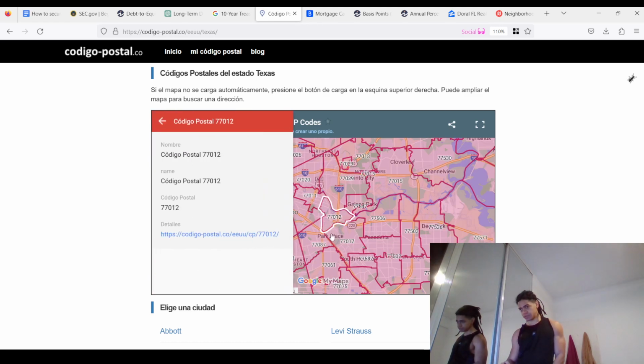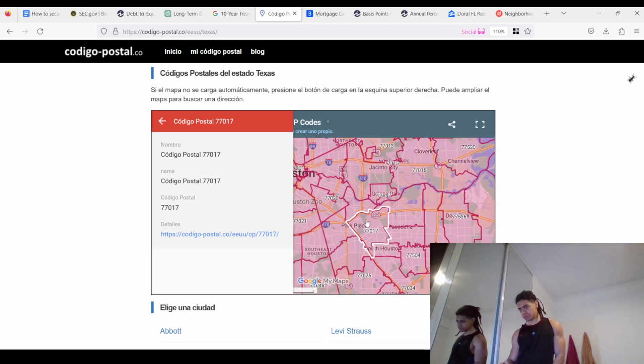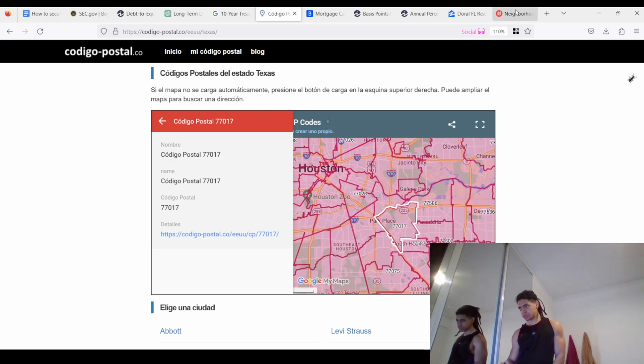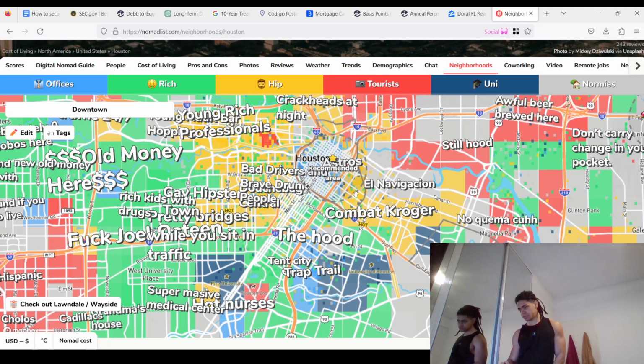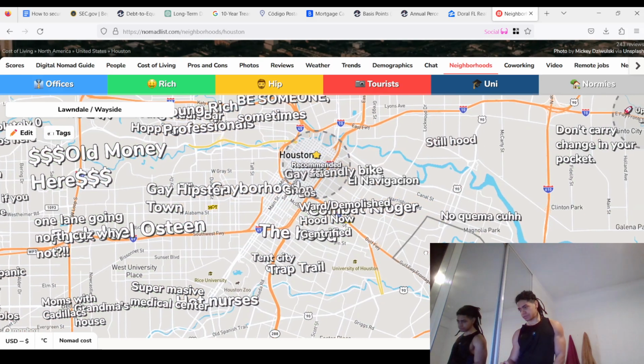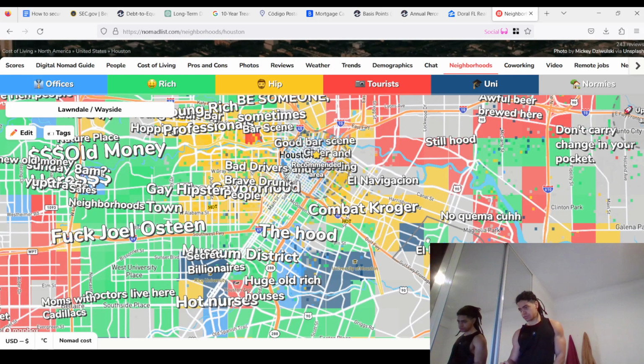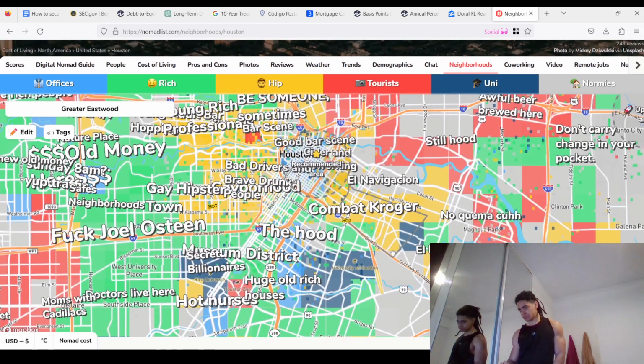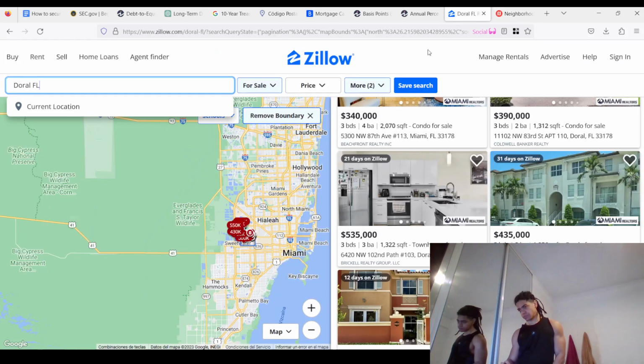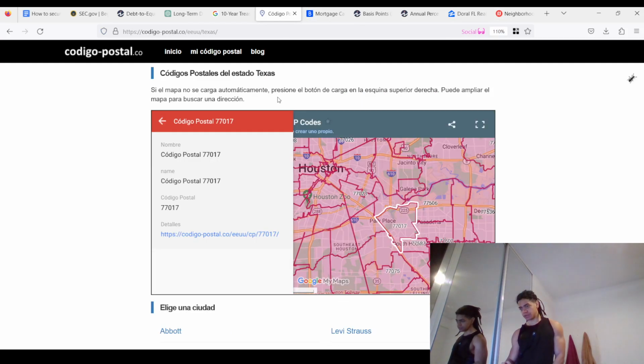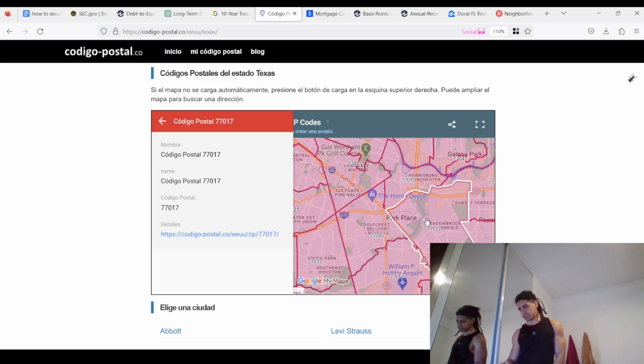Something like this. Park Place. Houston Zoo. Like this. Go far. Okay. There's a main street here. The main avenue here. Yeah, like this. Okay.